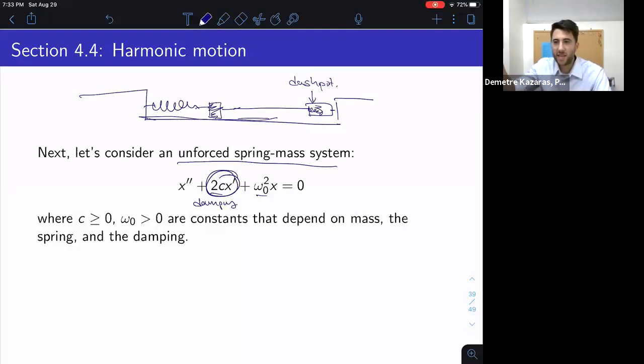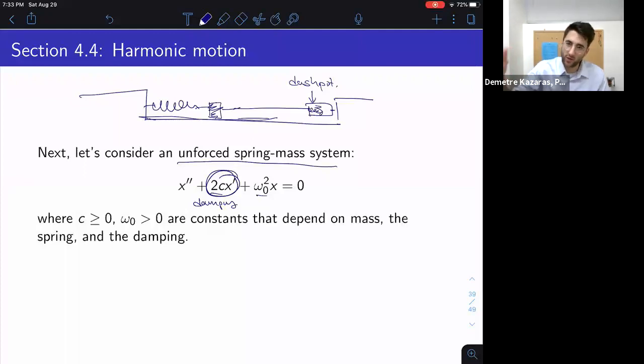The dashpot is some physical mechanism that, suppose you're designing a door, but you don't want the door to slam. So it cushions the motion if the velocity is very high. So it's something that does that. So that'll have a damping effect.